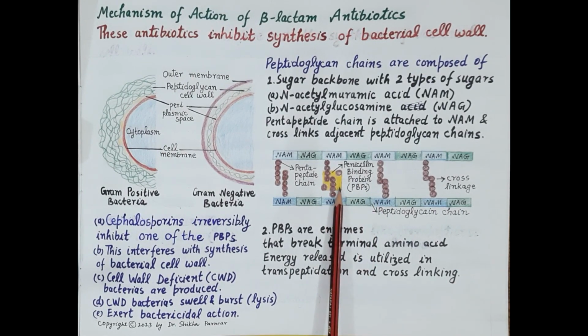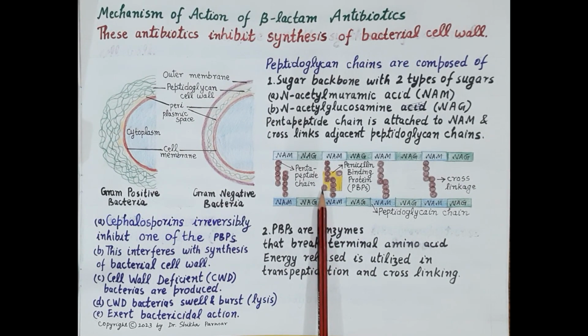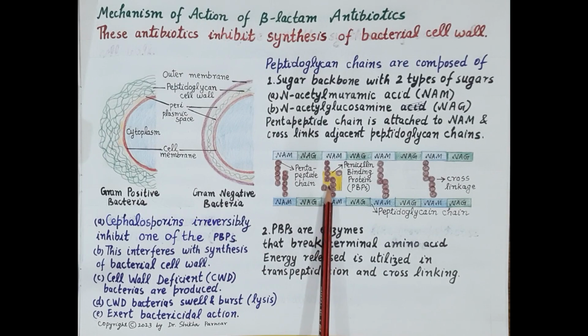Now, penicillin binding proteins, shown here in yellow color, are enzymes that are responsible for cross-linking these pentapeptide chains. These penicillin binding proteins break the terminal amino acid of a pentapeptide chain, and the energy released is utilized for the formation of new peptide bonds and cross-linking.